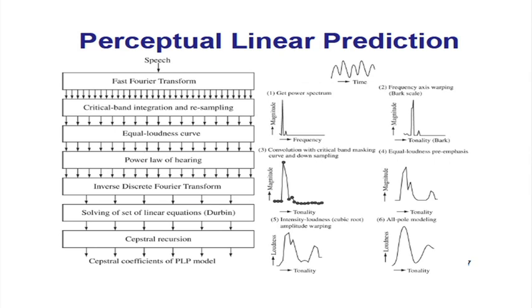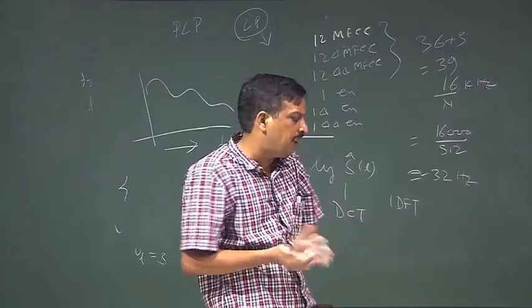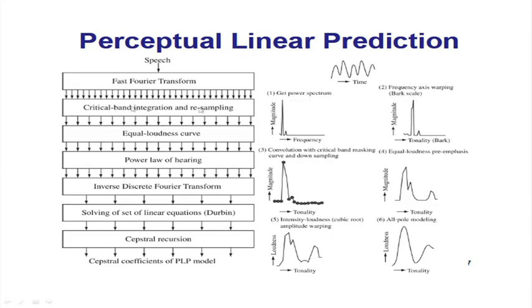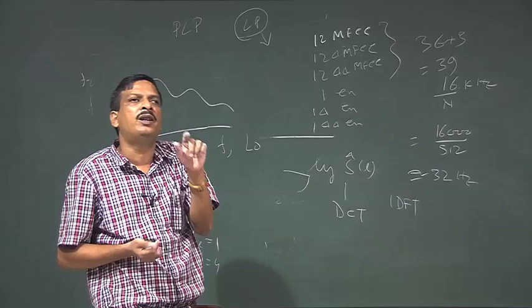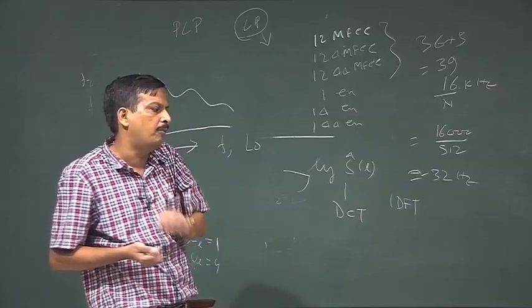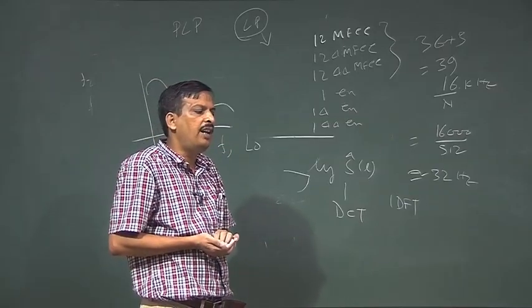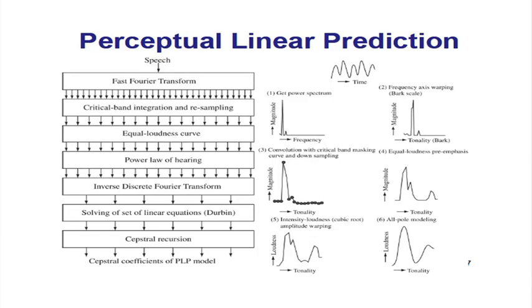So, what I said: take the speech signal, find the Fourier transform, then calculate the spectrum and modify the spectrum as per the critical band, or mel frequency spectrum, or Bark scale. Then modify the loudness, or the amplitude of the spectrum, as per the equal loudness curve. Then apply the power law of hearing. What is the power law?